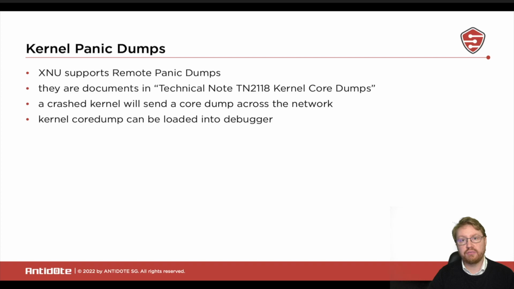It's a remote core dump of the kernel and the kernel address space over the network to a server that receives all the data and writes a Mach-O file to disk that contains all the kernel state and the kernel memory. This can then be loaded into a debugger or tools like IDA or other disassemblers that understand Mach-O files.